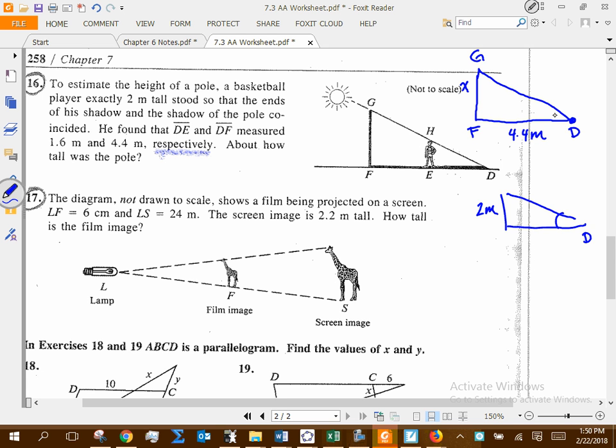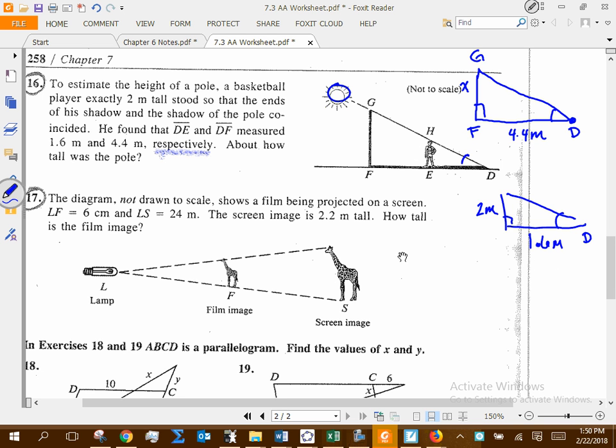That's point D. The fact that the shadows had to coincide is allowing this line of sight to the sun and the end of our shadows to create the same angle. And we've also got the right angles. We know he's 2 meters tall, and he has a shadow of 1.6 meters.